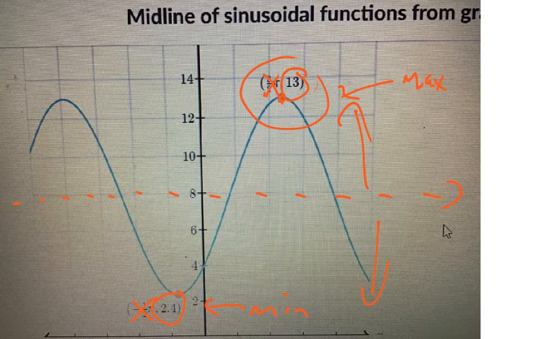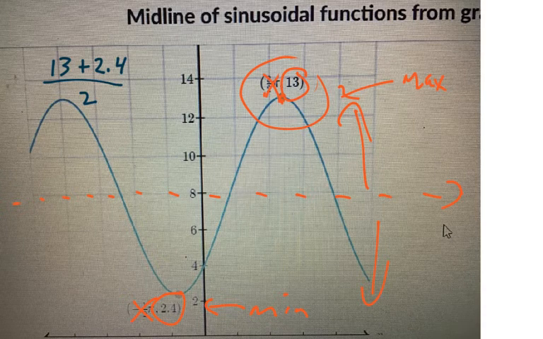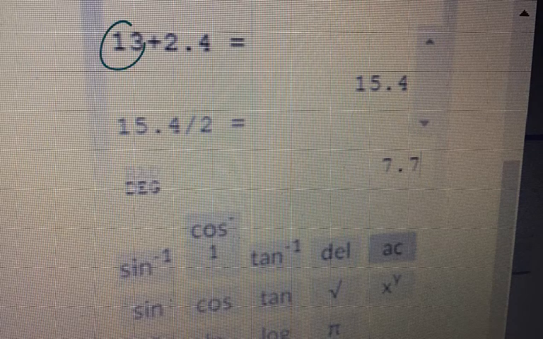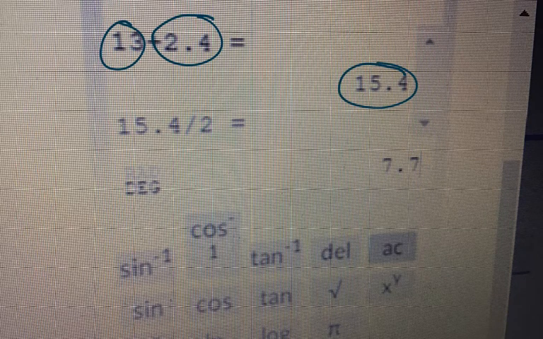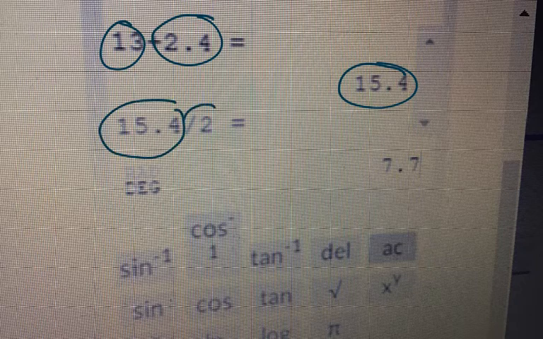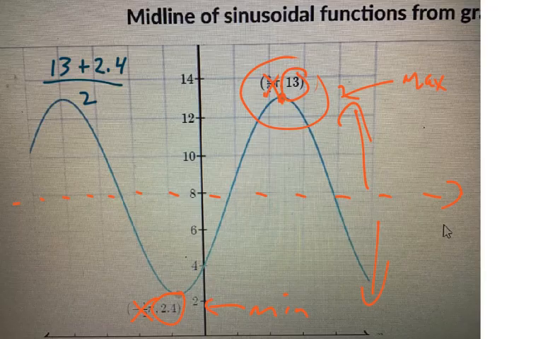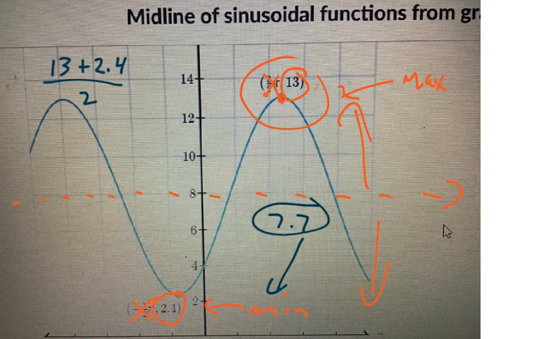So all I need to do is just take 13, add it with 2.4, and divide by 2. And again, you can use your calculator. Matter of fact, that's what I did. I took 13, added 2.4, 15.4. I took 15.4, divided by 2, and there's your answer, guys. So down at the box there, you're going to type in 7.7.